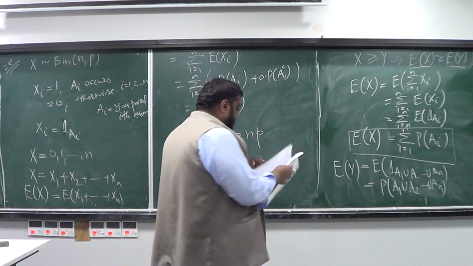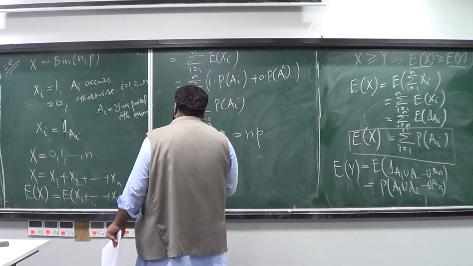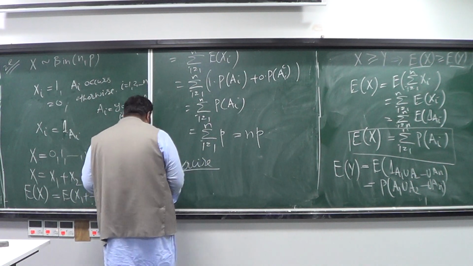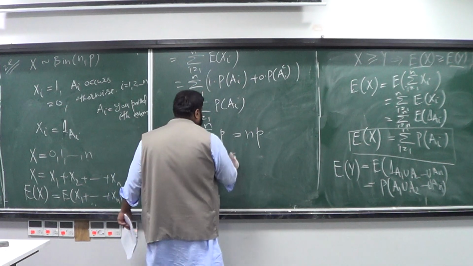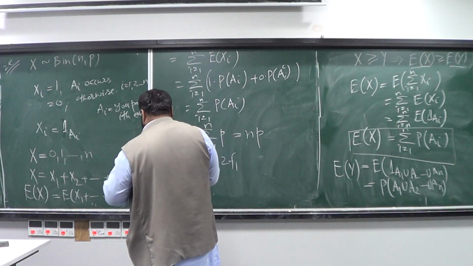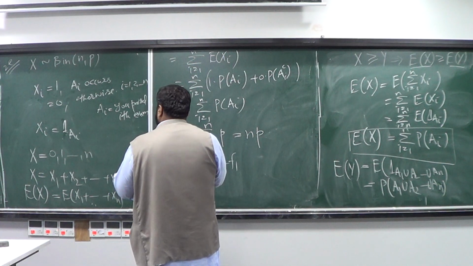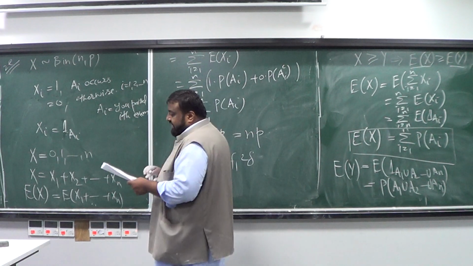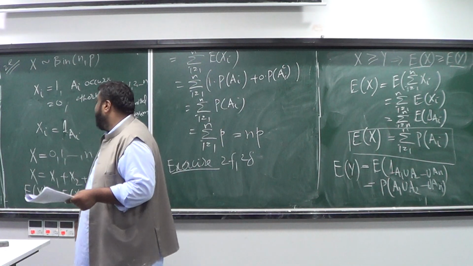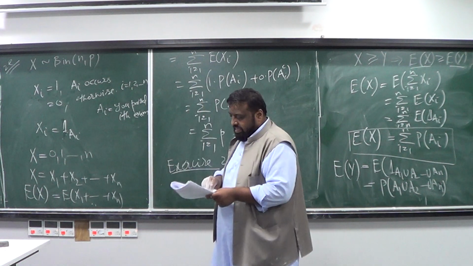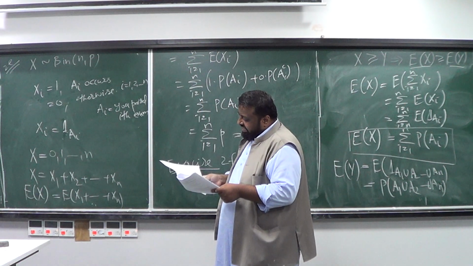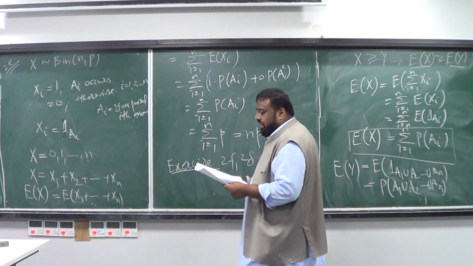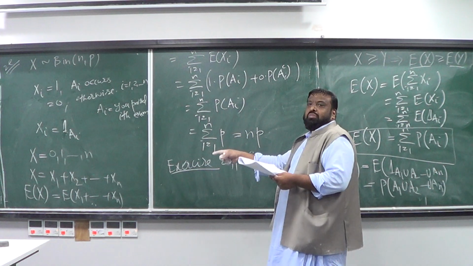I'm not going into all the examples. I leave as an exercise for you to read example 2f. I did 2e; 2f and 2g remain. The 2f is about finding the sum of n negative binomial random variables, and the 2g is about the sum of n hypergeometric random variables.